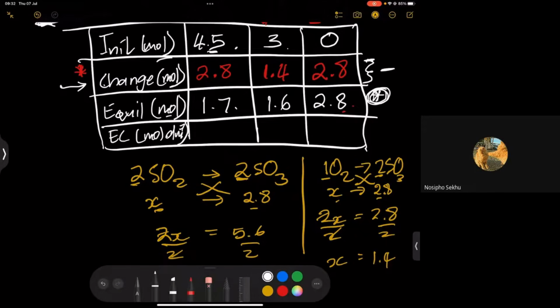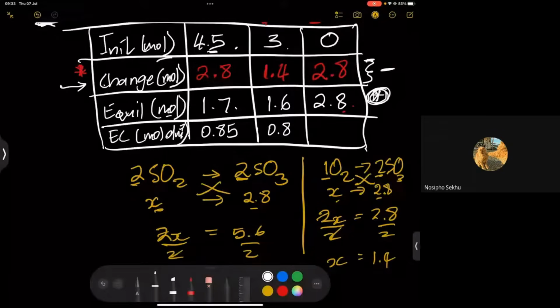So 1.7 divided by 2 would be 0.85. And then 1.6 divided by 2, that would be 0.8, and 2.8 divided by 2, that would be 1.4.